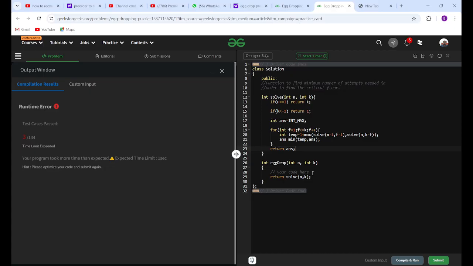For optimization we will be using DP with the memoization approach. In the memoization approach we make a matrix and initialize all entries with -1. You can see here we have 2 variables.